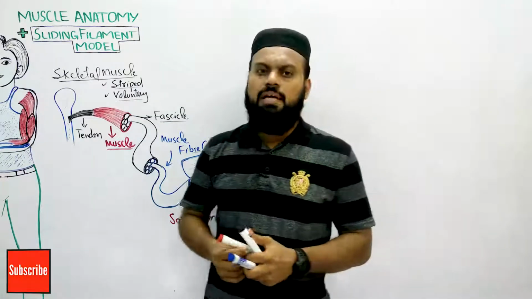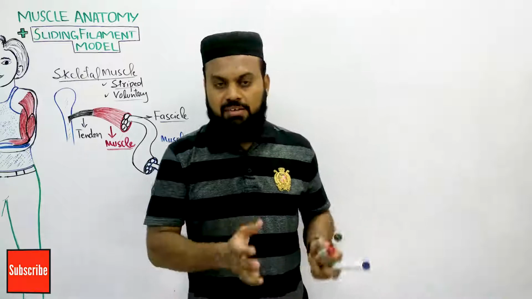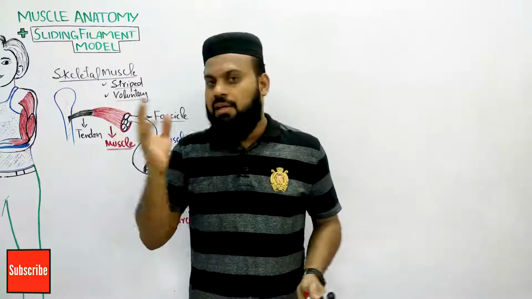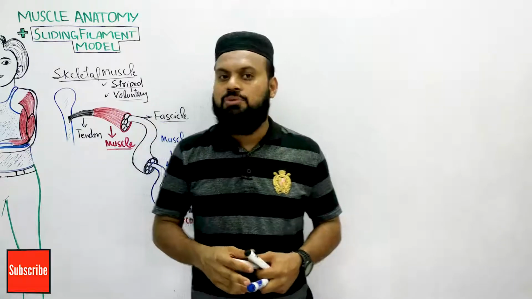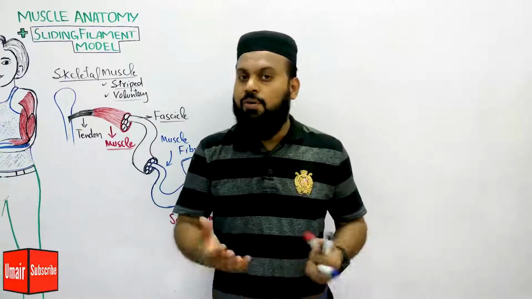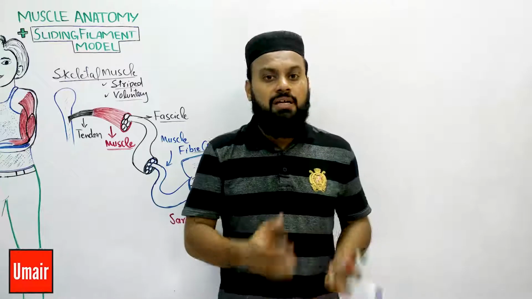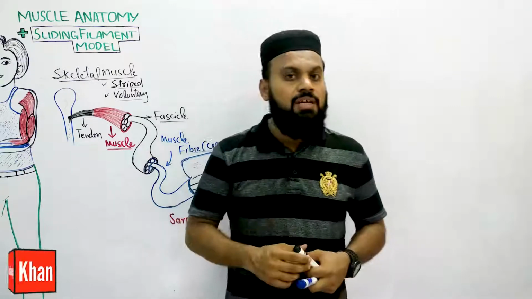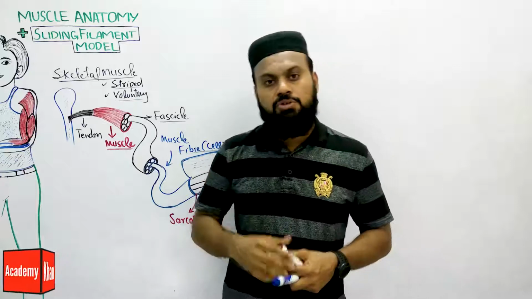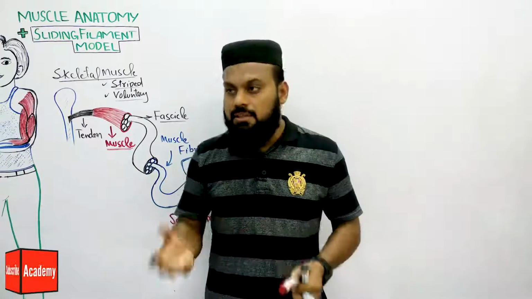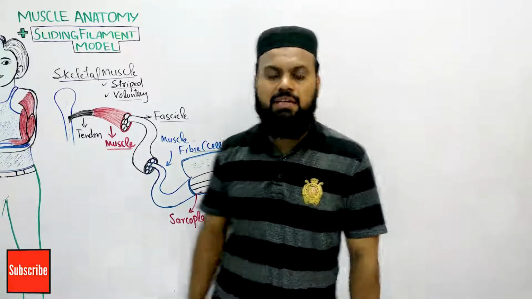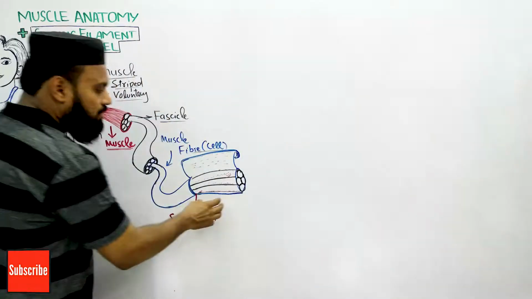Why sarco? Actually, sarco is related to the skeletal muscle. As you remember from your last class, we use cardiac before all the terminology related to the heart. In the same way, we use hepatic to relate to the liver. In the same way, we use the word sarco. I think you understand.